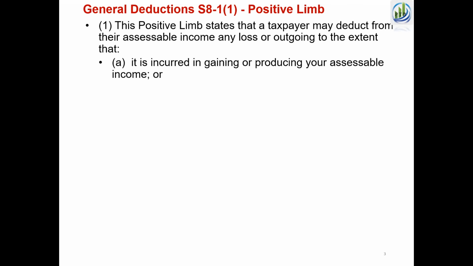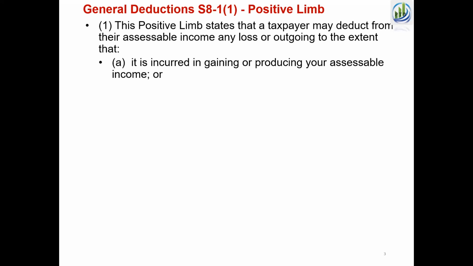So as I said previously, you can deduct your expenses connected with your assessable income. If there is no connection between your assessable income and your expenses, you cannot deduct from your income tax. For example, you are going for a holiday to Bali, spend all that money, that's not going to be connected with your assessable income. That's your holiday, right?